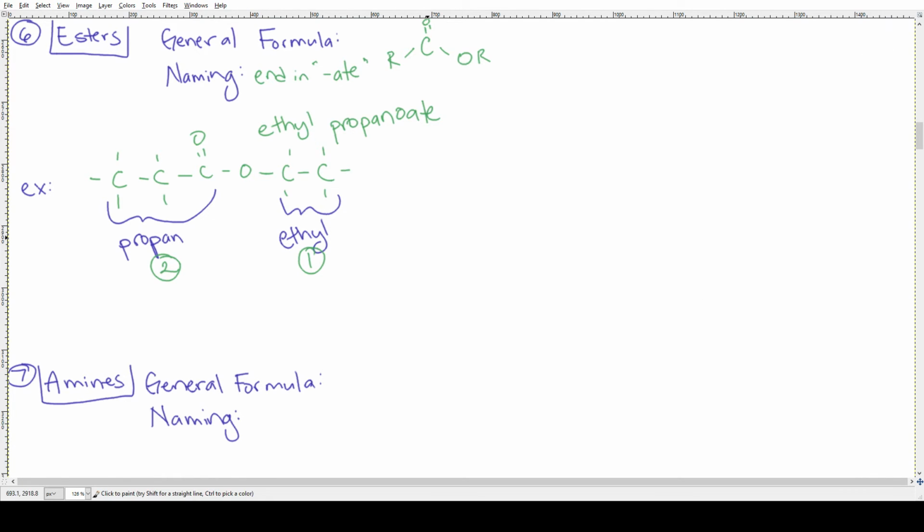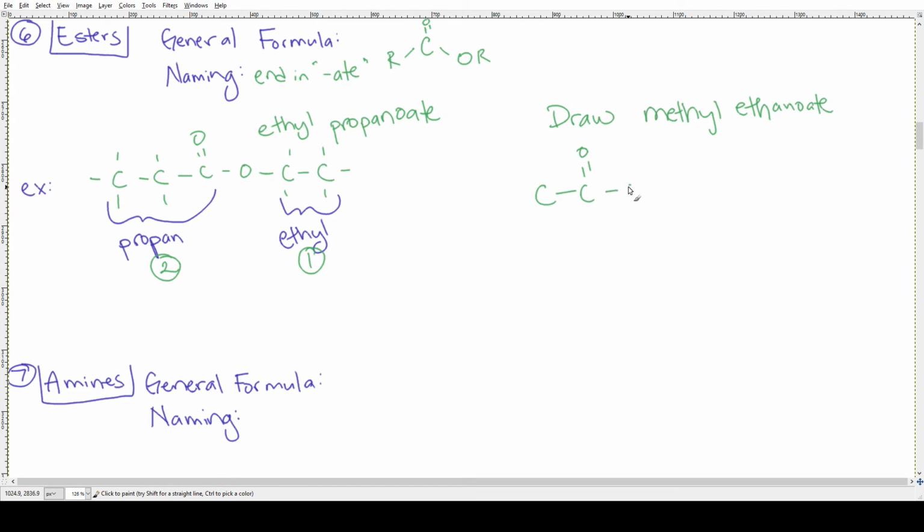So let's try that again. Why don't you draw methyl ethanoate? Methyl ethanoate. Ethanoate. Let's draw that. I know the section that is double bonded to the O is the ethanoate section, so that means I have this 2-carbon chain that is attached to the oxygen.